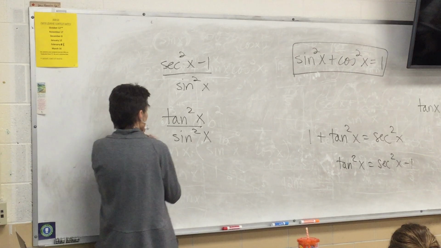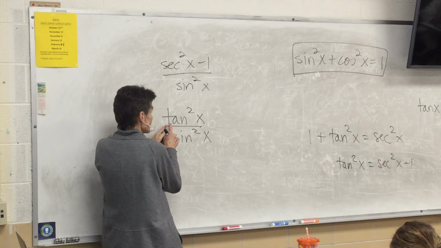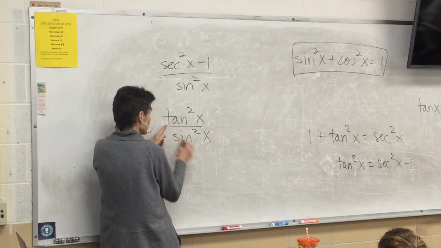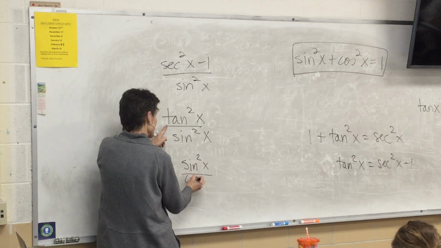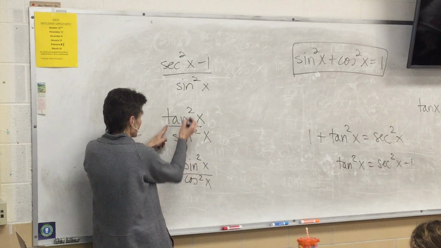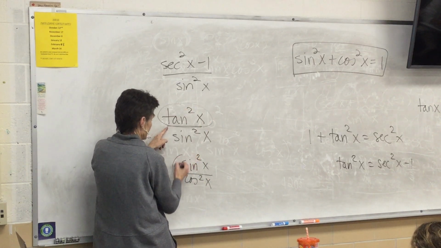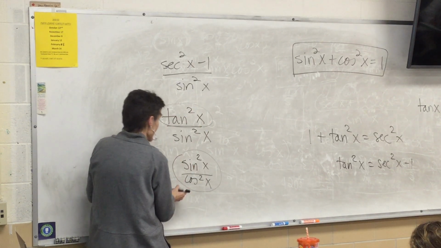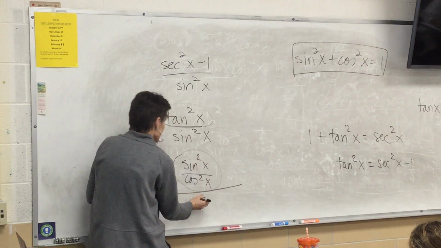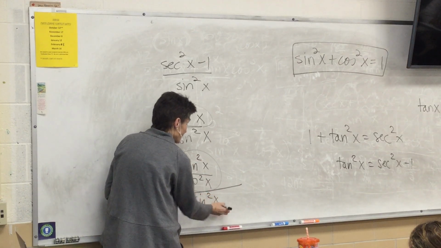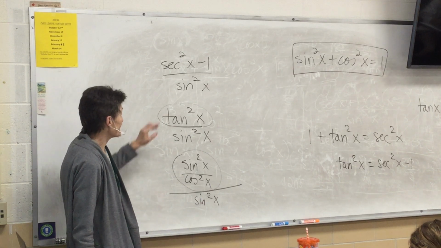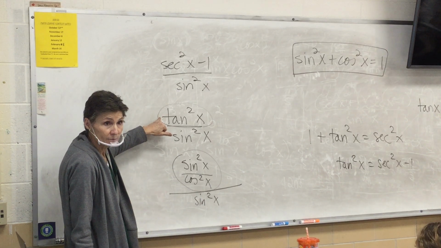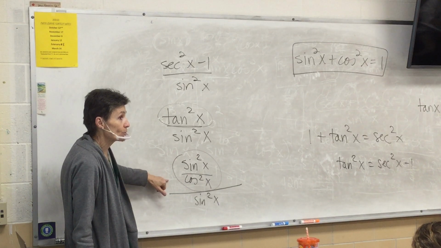Okay, so this guy right here, tangent squared, is sine squared over cosine squared. That's this. And that is over sine squared. So I am rewriting my tangent as sine over cosine.